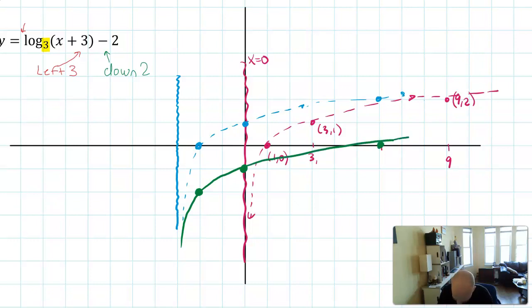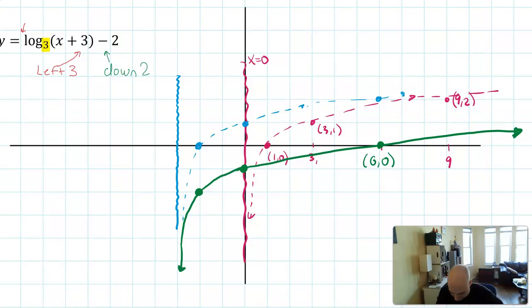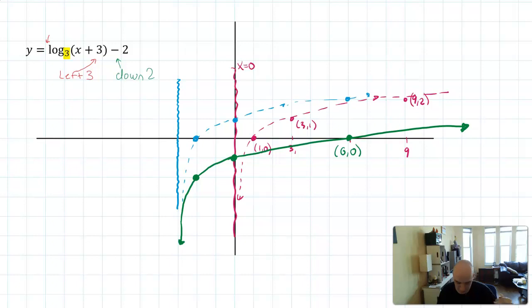So in this graph, if I drew it right, we have a nice x-intercept. Not required, of course, but nice to see that we have 6, 0 as a convenient x-intercept to find. So this would be our example of a transformed log graph shifted over and then down with that log shape.